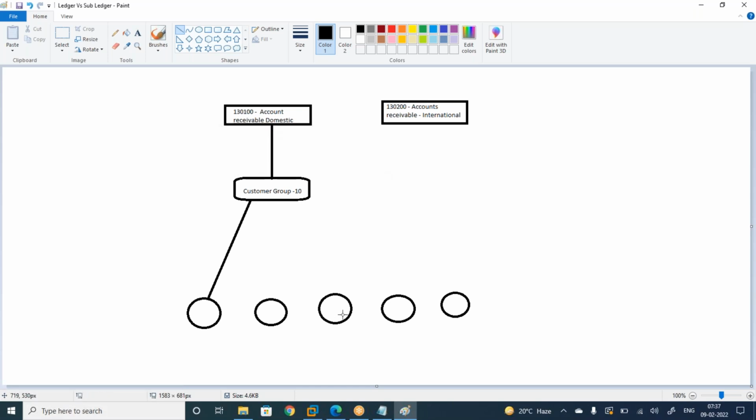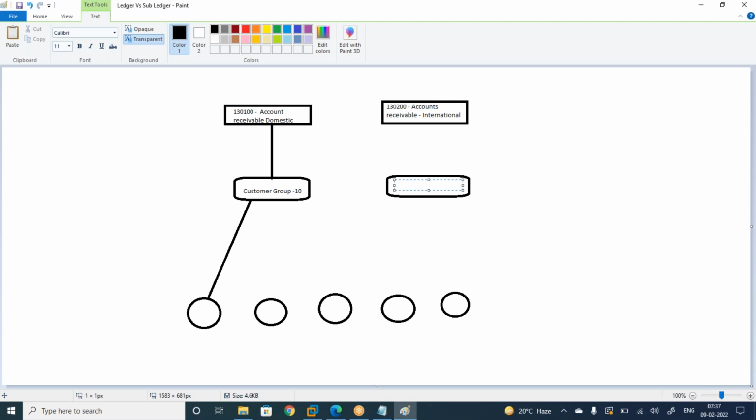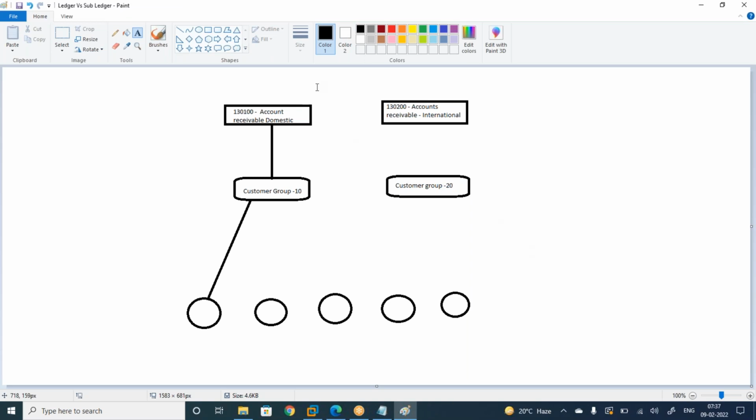One more customer group I'm creating, customer group 20. So if this customer is linked to this one, then it will post to this account.